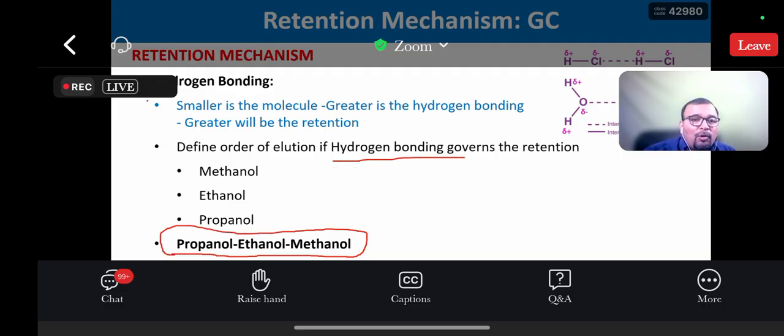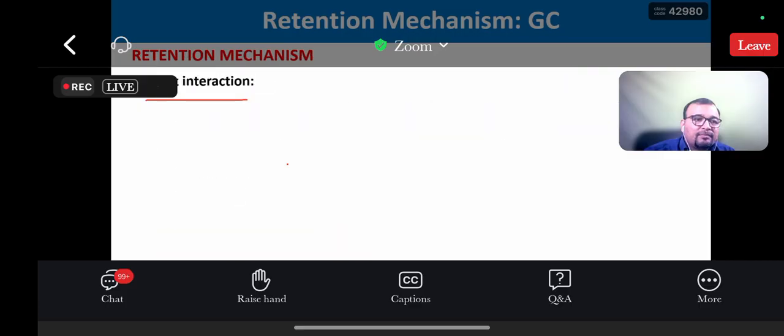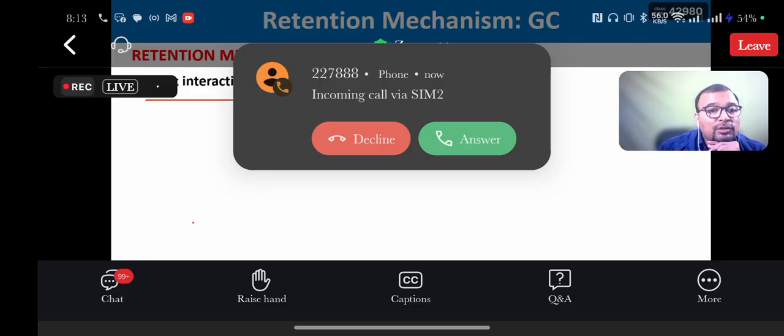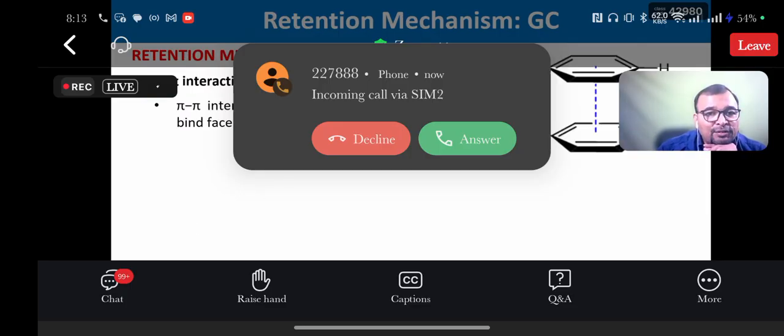The fourth important one is the pi-pi interaction. Pi-pi interaction takes place in case your molecule has pi bonds, that is, pi electrons, like a compound having a double bond or triple bond. Aromatic compounds especially can have pi-pi interactions.